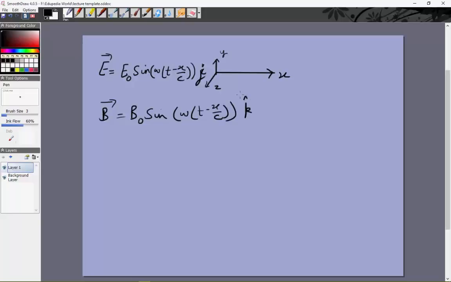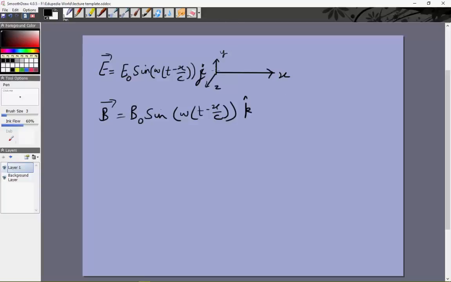k cap. So this is what I said: if the direction of propagation is the x direction, the electric field has to be perpendicular to the direction of propagation. We can choose any direction in the yz plane to be the direction of electric field. For simplicity, we choose the y direction. If we choose the y direction to be the direction of electric field, then the magnetic field is perpendicular to the direction of propagation as well as to the electric field.